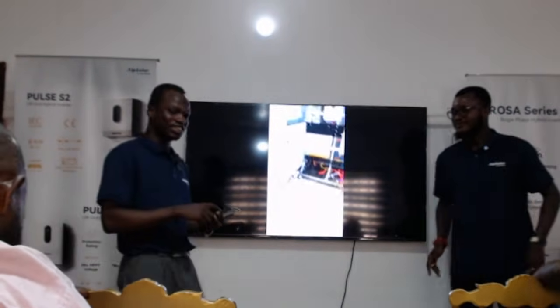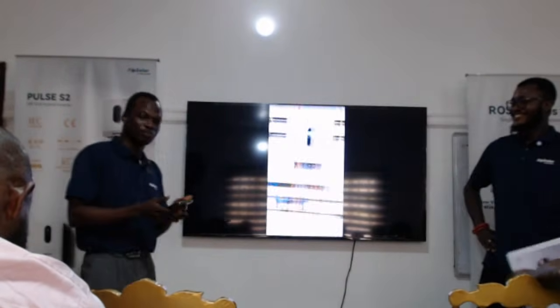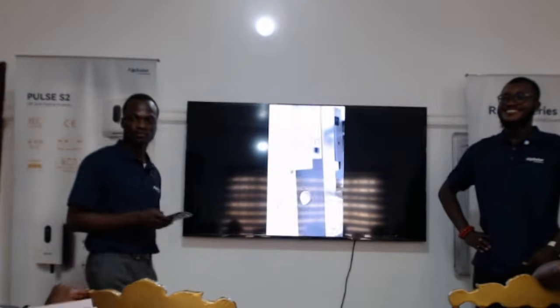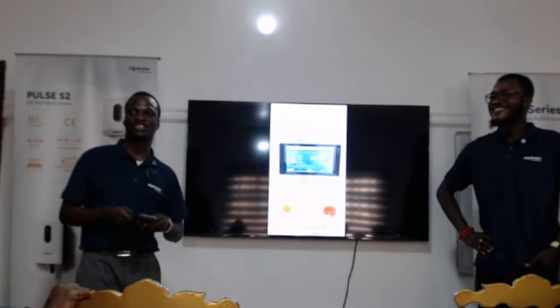For the second person, what's your name, sir? Mr. Yemi. So pick a number, sir. Number 1: what does IP66 rating mean on an inverter? It prevents against ingress of water. Okay, the answer is not complete.